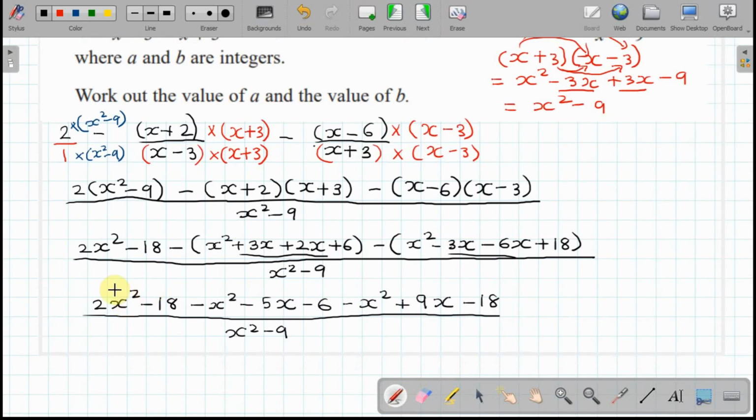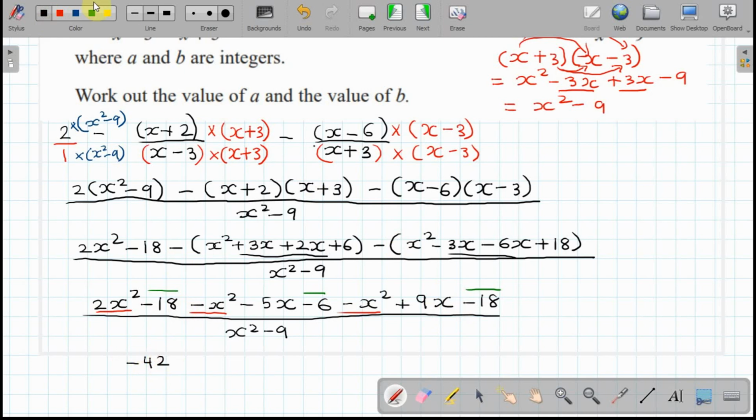And then I simplify the like terms. Let me just highlight them. 2x squared minus x squared minus x squared, they cancel out. What about the others? Minus 18, so that's numbers, minus 18, minus 6 is minus 24. And then there's another 18 over there, which I need to subtract, so minus 24, minus 18 is minus 42.